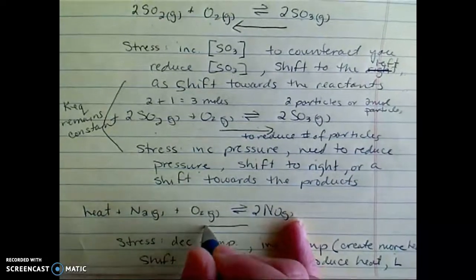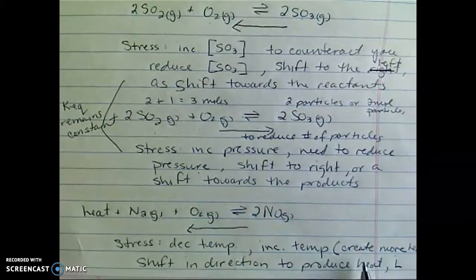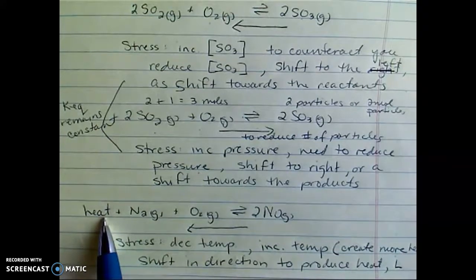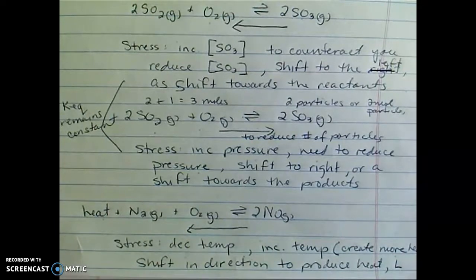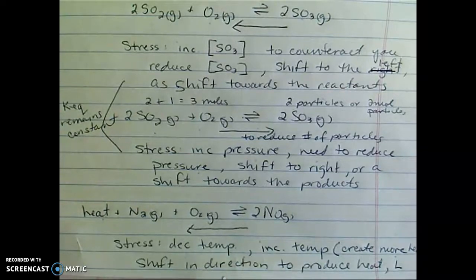If I shift in this direction, it will then make more heat, which will increase the temperature. Again, don't forget, as you are changing the temperature, this will cause a change not only in the concentrations, but it will also cause a change in the equilibrium constant.